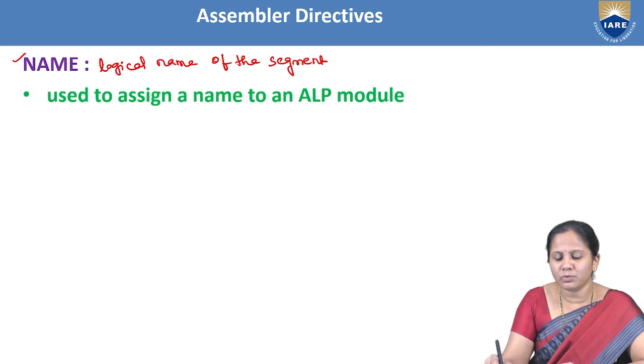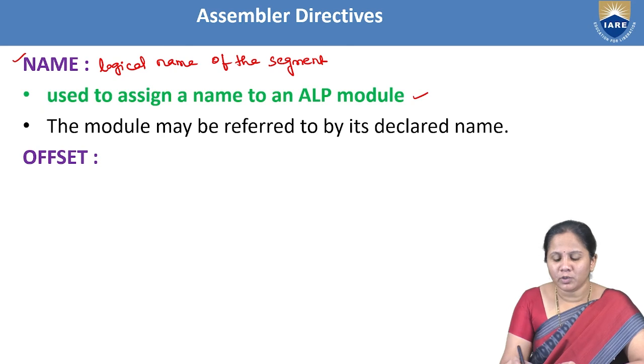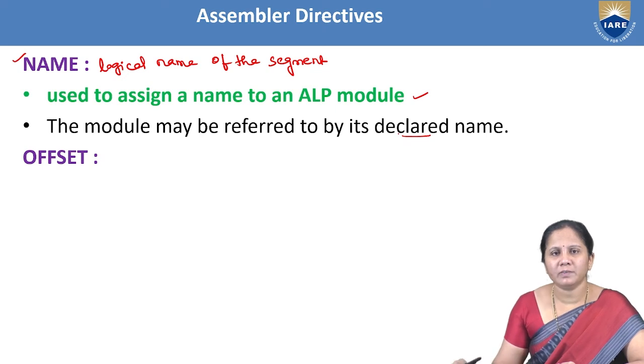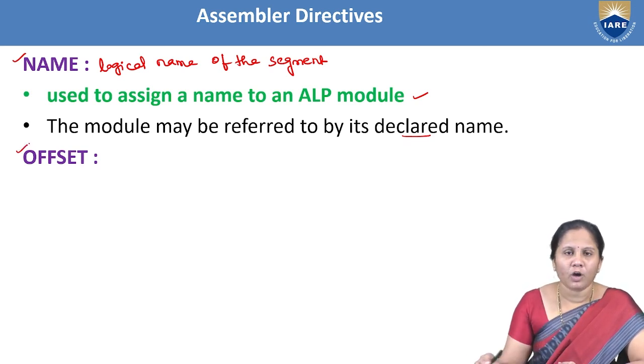It is used to assign a name to the assembly level language program, so the module may be referred to by its declared name. Like, for example, if you have seen the square number, all those come under the name of that particular procedure.